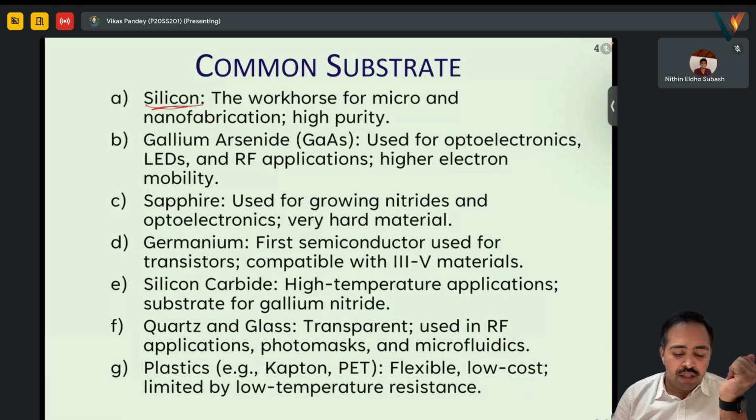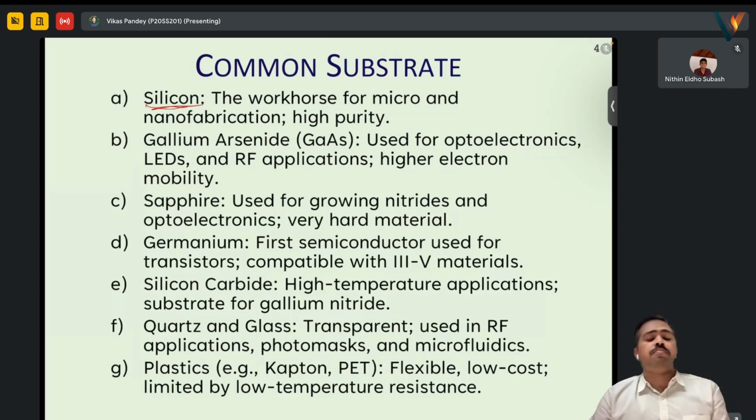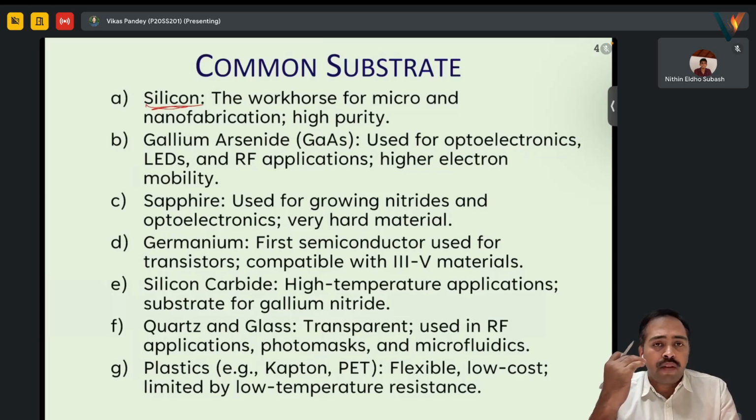There are some common substrates available for different purposes. Silicon is the first and most preferred, most common substrate used in the microfabrication industry throughout the world. Be it Intel, TSMC, Samsung, or Micron, these are big names in the field of microfabrication, and they all work on silicon because silicon technology has matured well, and we are able to get very high purity silicon.